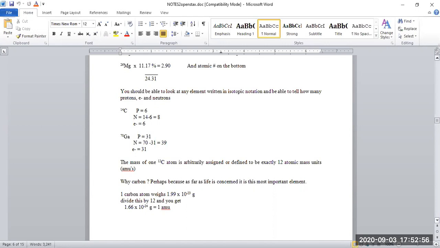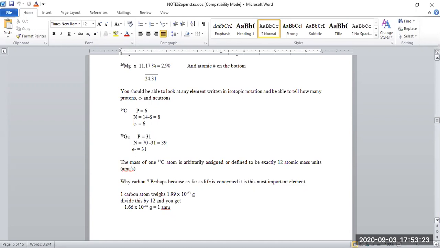So in a regular neutral element, protons have to equal electrons. All your pluses have to cancel out all your minuses. Later that will change. But for right now, we want them to match. So for my carbon-14, I've got 6 protons and 6 electrons.